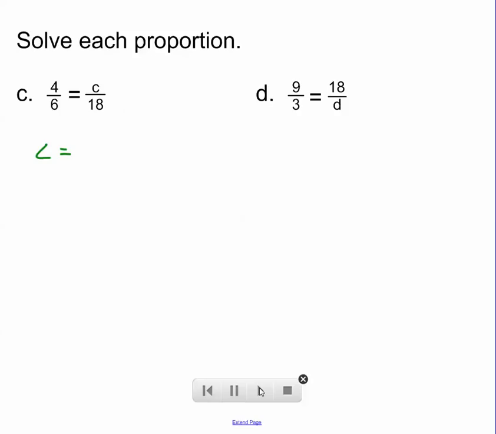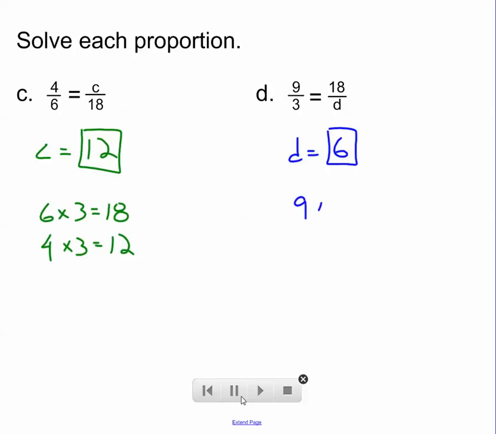I'm going to say that C is 12, and the reason I know it's 12 is because 6 times 3 is 18, so 4 times 3 should be C. On this next one, I'm going to say that D is 6, because 9 times 2 is 18, so 3 times 2 should be D. So 4/6 times 3 over 3 would equal 12/18, so C is 12. 9/3 times 2 over 2 would equal 18/6, so D is 6.